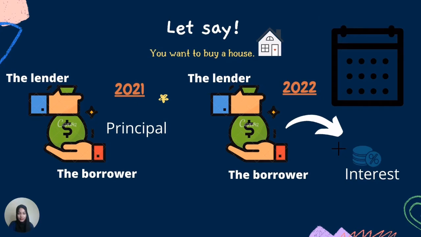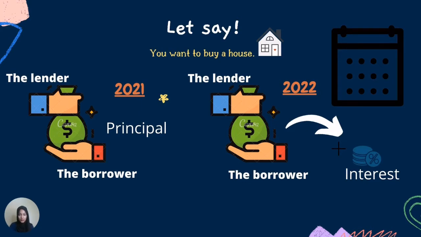To make it clear, let's say you want to buy a house now in 2021, so you take a loan from the lender or banker. You receive the money of the loan, which is also called the principal. The next year, 2022, you need to pay another cost that the lender charges you for borrowing his or her money, which is called the interest. Let's assume the house loan is for 30,000 at 6% interest.